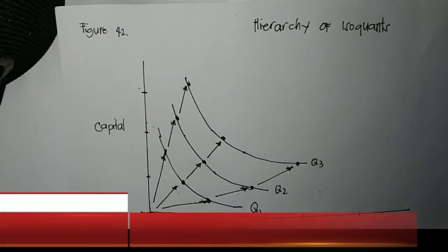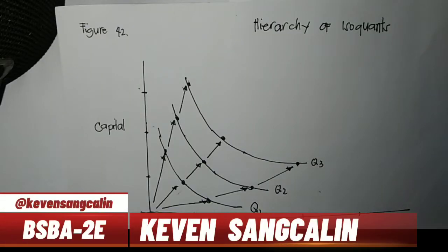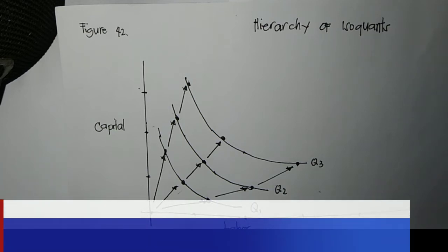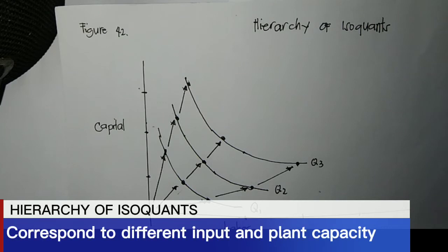Next is the hierarchy of isoquants. A hierarchy of isoquants is an array of isoquants which correspond to different levels of resource inputs and plant capacity. In figure 42, all points of Q1 move upward to form the higher isoquants as more capital and labor combine, increasing plant capacity.